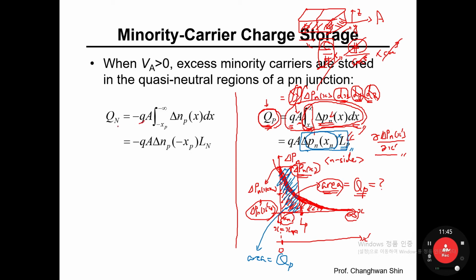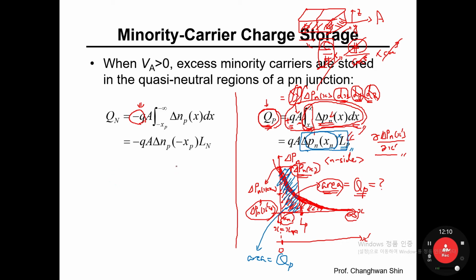So let's repeat it, but with the sign of the electron charge minus q instead of plus q, because we talked about the hole on the right-hand side, but now we should talk about the electrons. So take care, there is a minus sign.